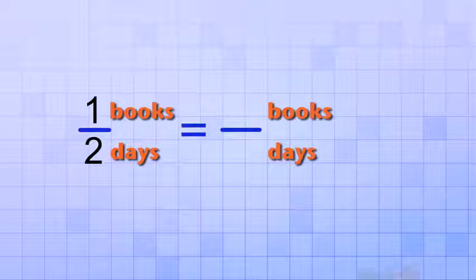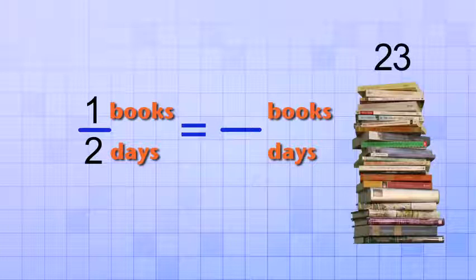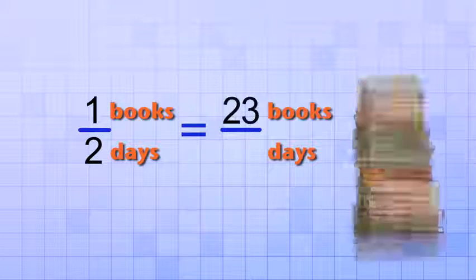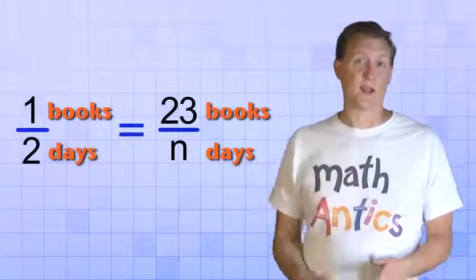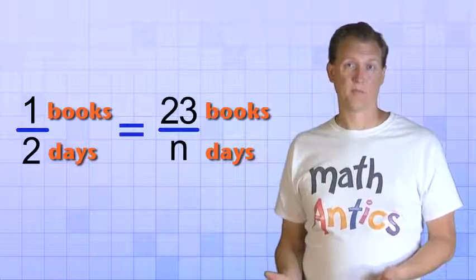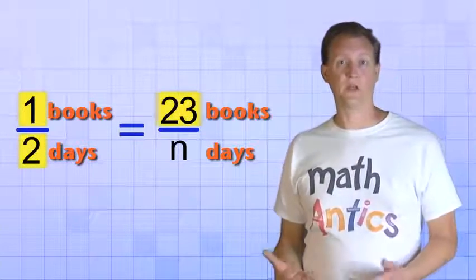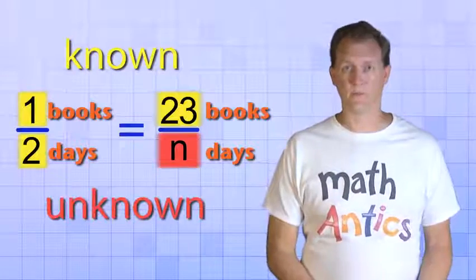We know that the number of books that they want to read is 23, so that goes on top. But the number of days it will take is unknown. So instead of putting a number there, we're going to put the letter n in there temporarily to stand for the number that we don't know. This is how you'll usually see and use proportions in math. 3 of the proportion's numbers will be known, and 1 will be unknown.